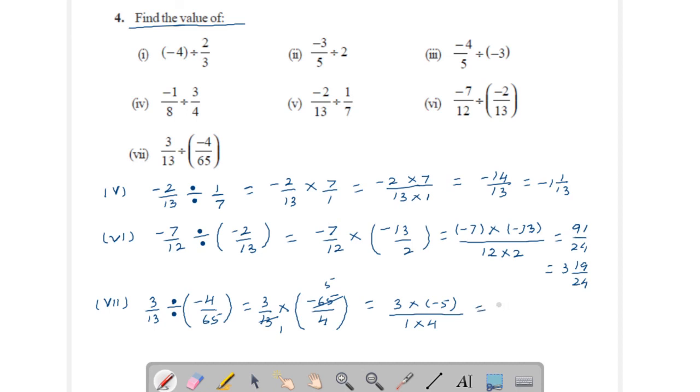You will get minus 15 upon 4, and in mixed fraction you will get minus 3 3 upon 4.